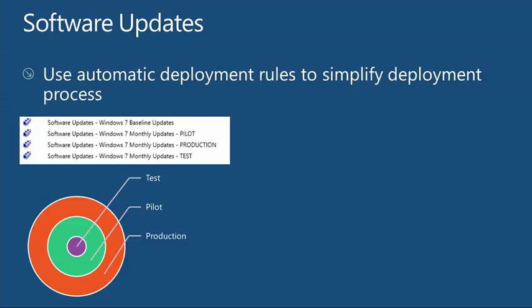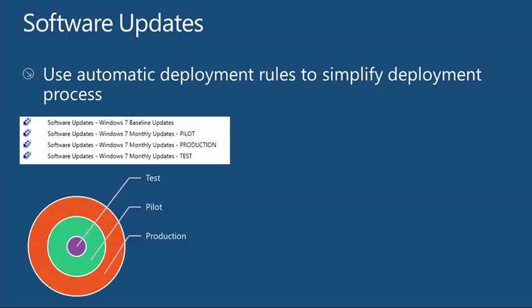So there's the new concept of automatic deployment rules. You can set up a query, and the automatic deployment rule will run on Patch Tuesday, or Wednesday for us, and it will collect all the appropriate patches and download them. So you don't have to go through that process manually every time and create a new software update list.